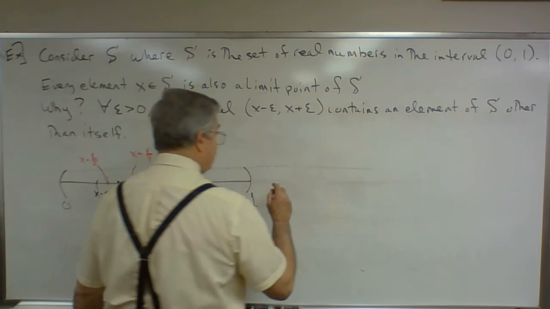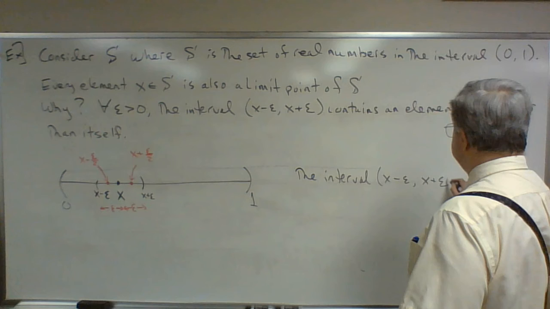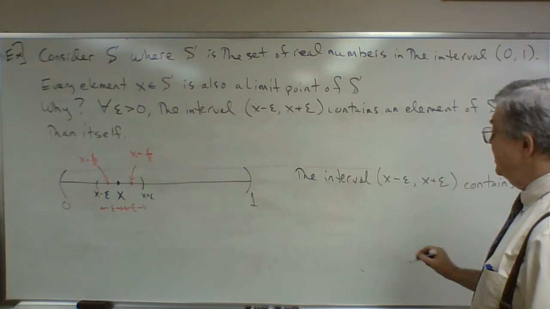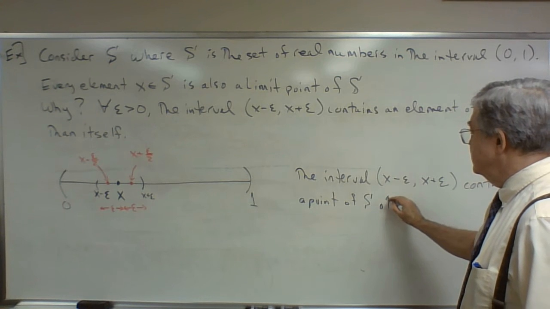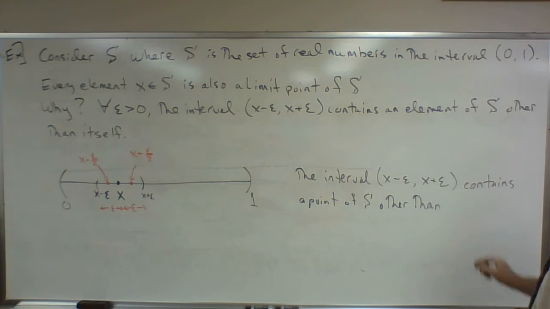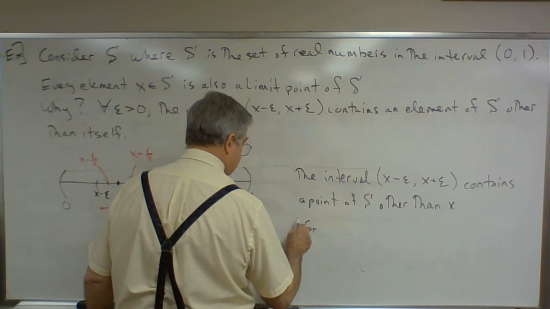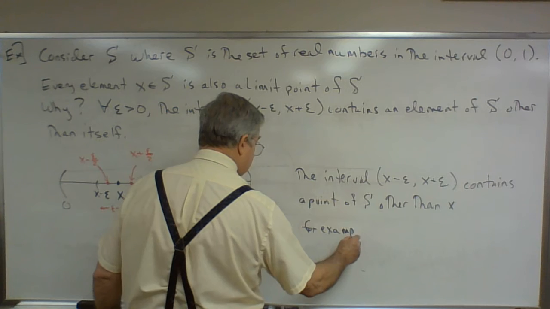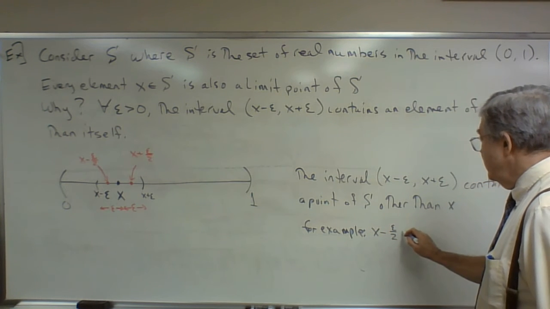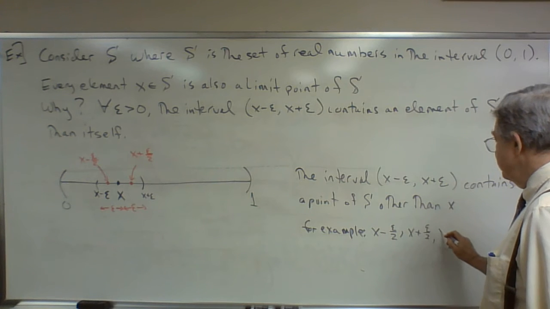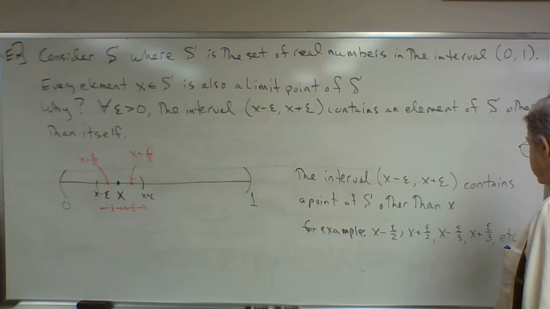So even in this case, the interval x minus epsilon, x plus epsilon contains a point of S other than x. For example, x minus epsilon over 2, x plus epsilon over 2, x minus epsilon over 3, x plus epsilon over 3, and so forth.